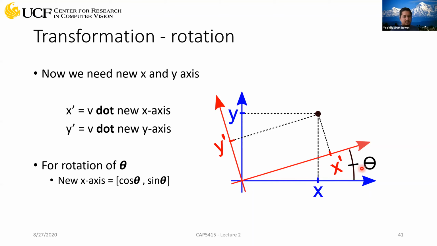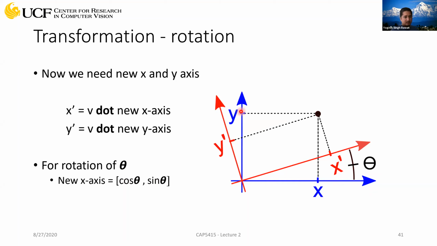So this new x prime, which is the new axis, has an x cos theta component in this x direction. And similarly, if you compute sine theta of that, it will give you the vertical distance, and that will be sine theta. So the new x-axis is cos theta, sine theta.